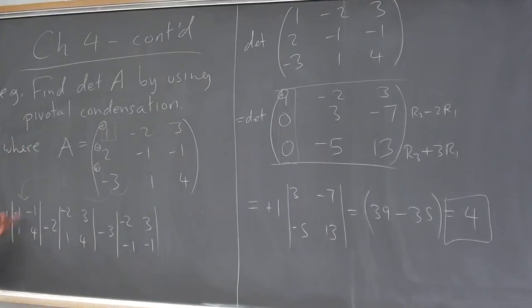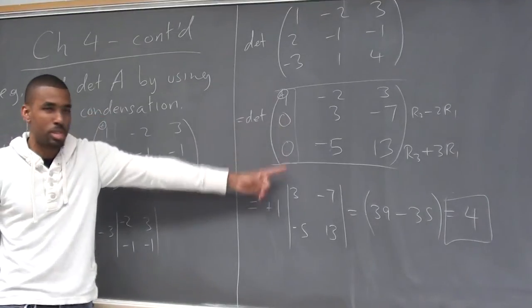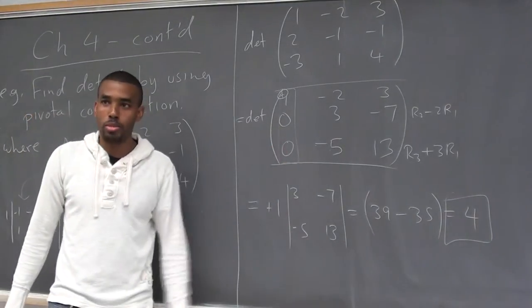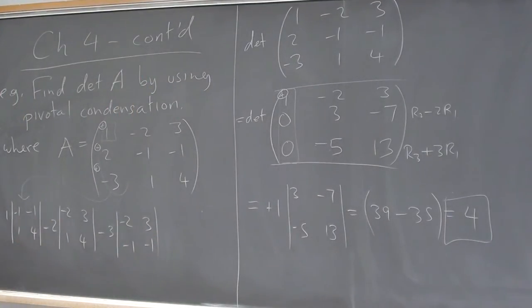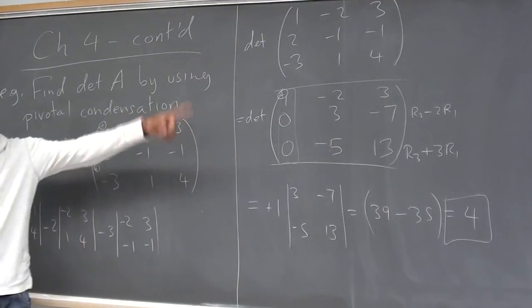So I end up having to do 3 2 by 2 determinants. But if I do type 3 operations to make zeros here and now expand along the first column, I have to do one 2 by 2 determinant. So I get rid of a lot of computations. And the determinant will stay the same because I did a type 3 operation.